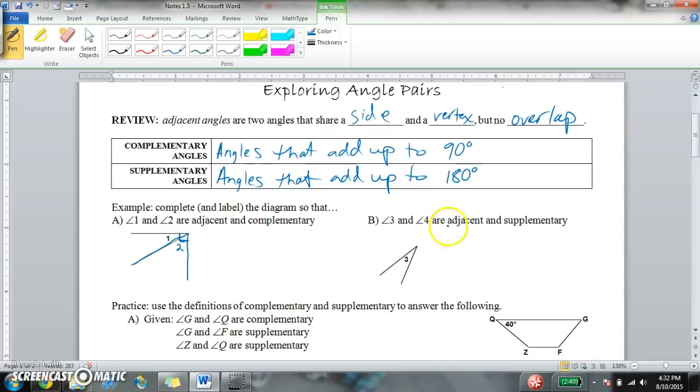For 3 and 4, I want them to be adjacent and supplementary, so same thing, I'm going to use this side right here, and I'm going to draw angle 4 like this, so that these two angles are supplementary, meaning they add up to 180 degrees, or we can also write down that they make a straight line.